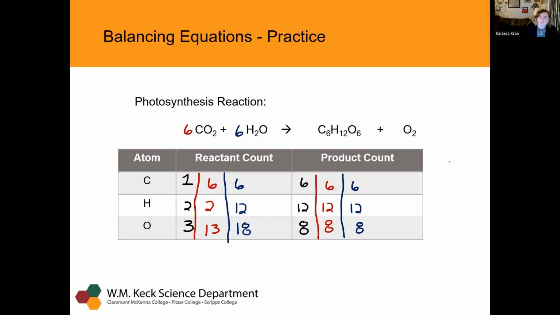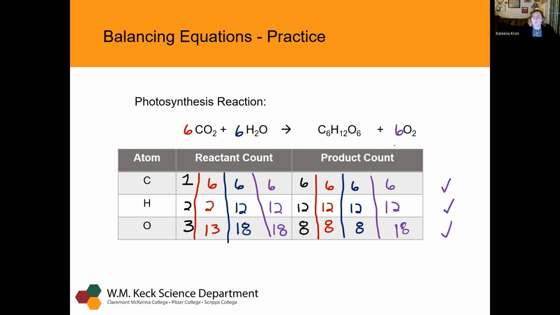Okay. And so if I have 6 oxygens to get up to 6 O2 gases, now I'll have 6, 12, 18, and 6, 12, 18. So now I've balanced the atoms here.